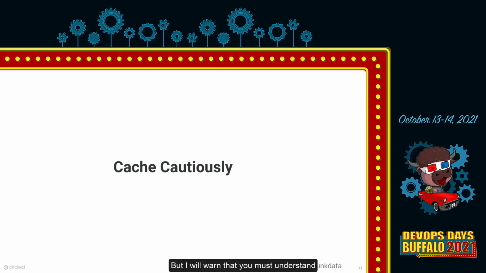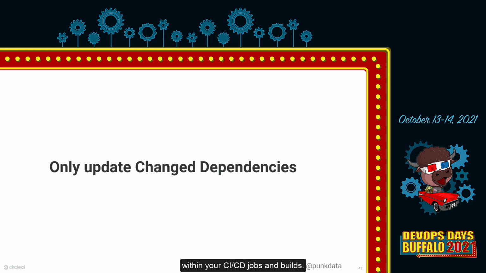But I will warn that you must understand how the caching that you implement actually works, because there is the possibility that the caching mechanisms you employ are not being used appropriately, which can cause nasty side effects like inefficiencies and unoptimized performance within your CI/CD jobs and builds.